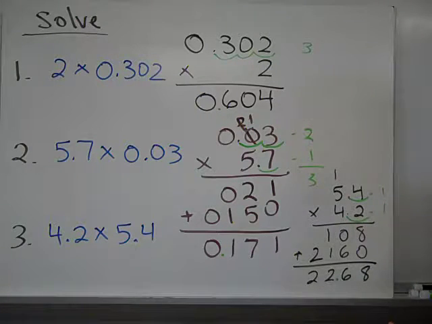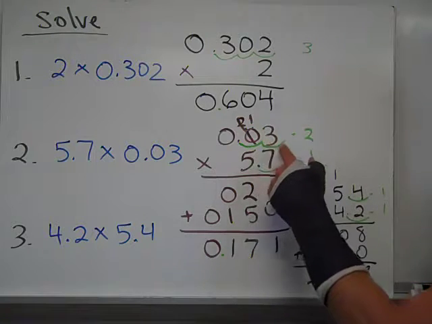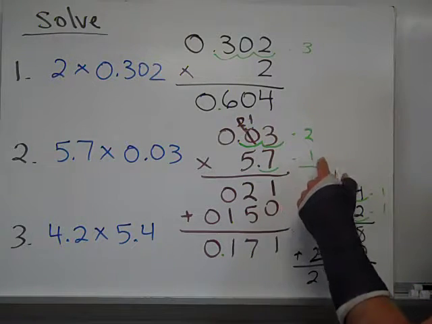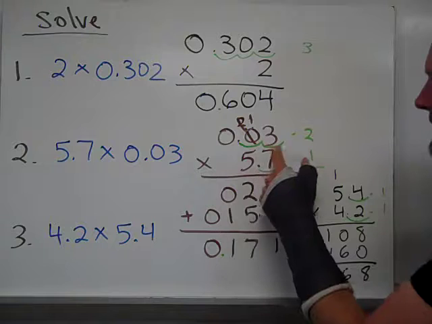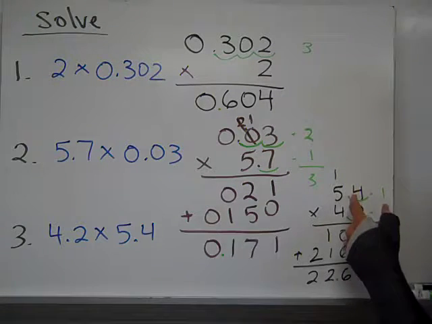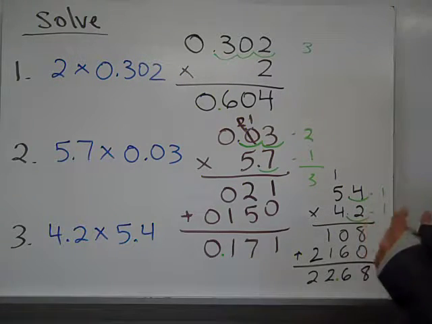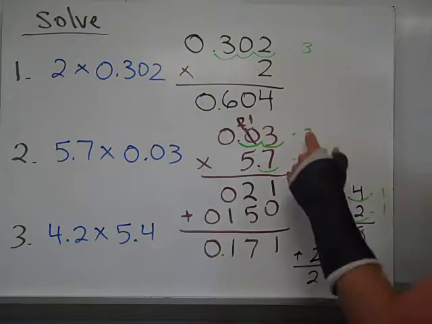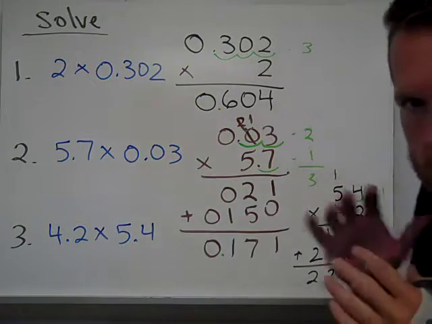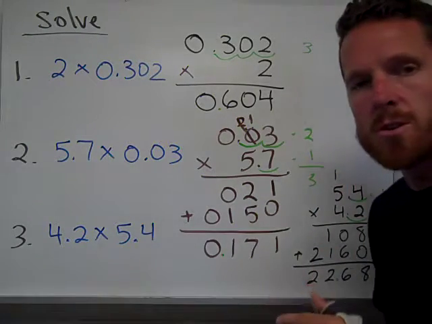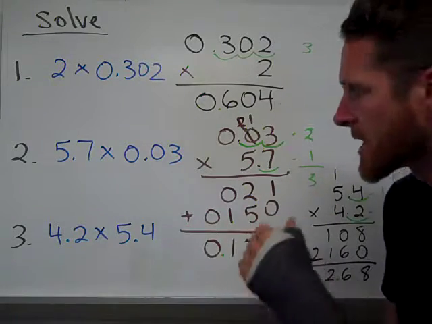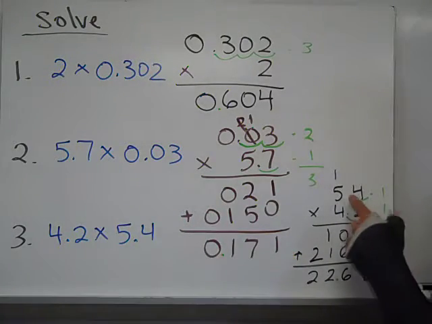Now, if you wanted, instead of going 1, 2, 1 like that, you can just go 1, 2, 3. Whatever is easier for you to do. If you need to put the numbers over here and add them up, do whatever it takes so that you know what you're doing, and you have a system down and you get the right answer. Same thing here, we just counted it out.